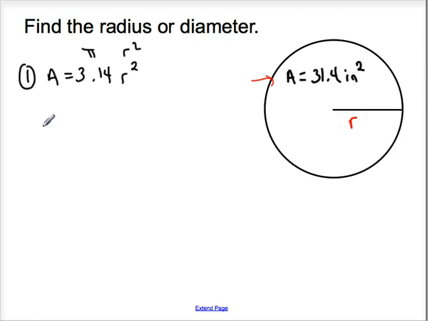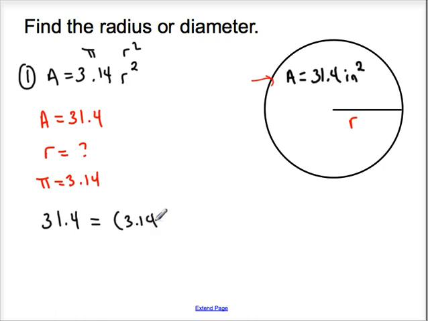So here we have our area is equal to 31.4. Our radius is unknown. So let's plug into our formula. And pi we have as 3.14. So we have 31.4 is equal to 3.14 times my radius squared.